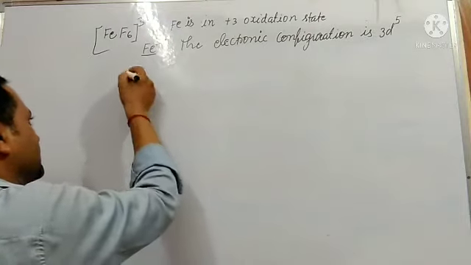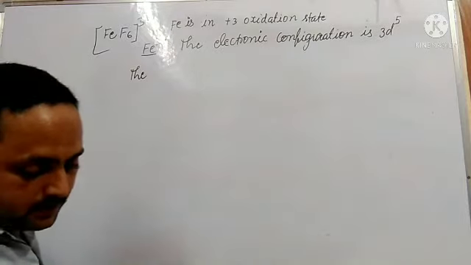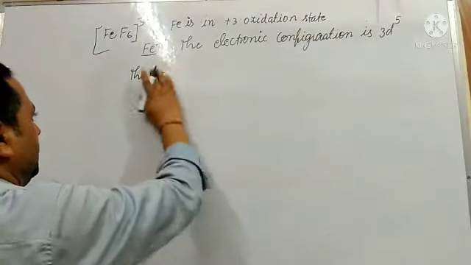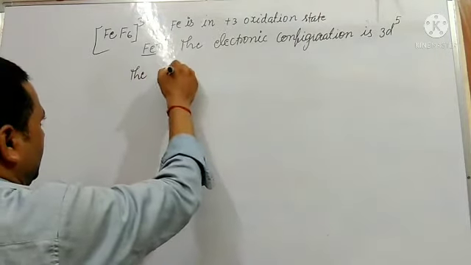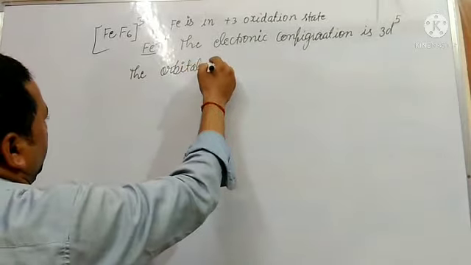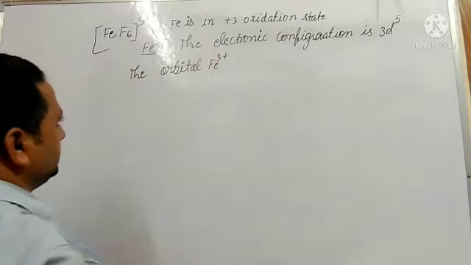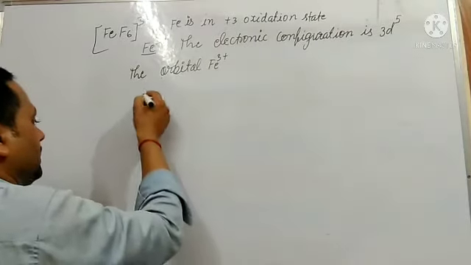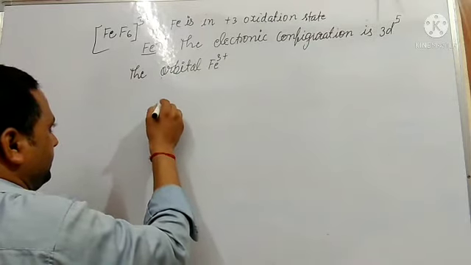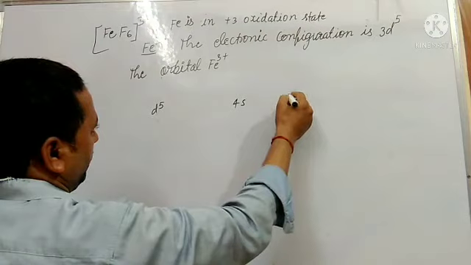The orbitals of Fe +3 here: 3d5, 4s, 4p.